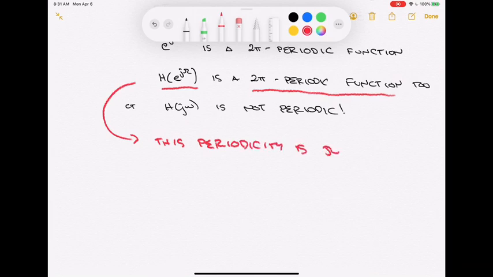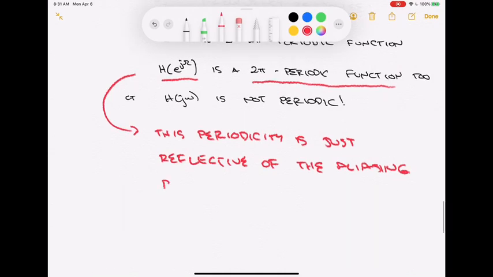is just reflective of the aliasing phenomenon that we investigated earlier.